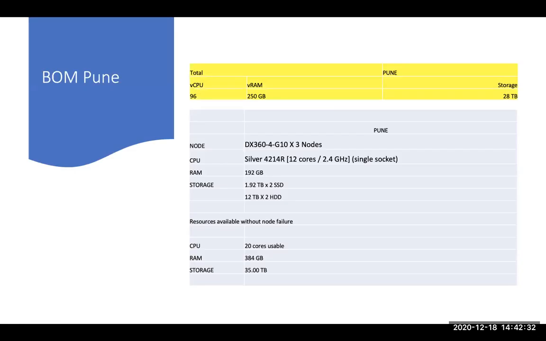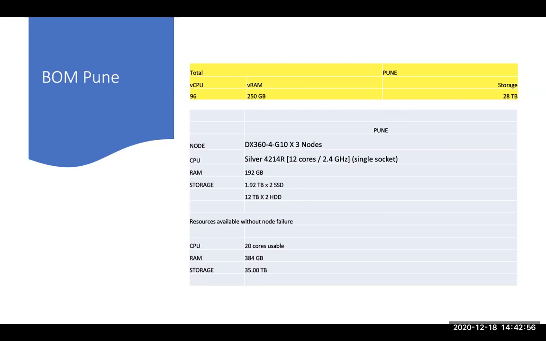For the bomb of the Pune location, this is what it is. The number was a little bit off. Here you can see the total terabyte calculated is 28, and the bomb which I have proposed is around 35 terabyte. It considers the total of the DR replication existing setup and the new bill of material.